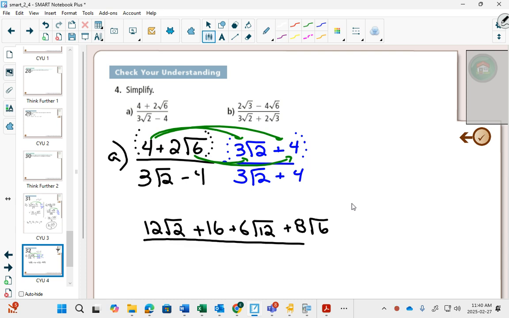That'll be the top. On the bottom, since it's a difference of squares, I can write it out as a difference of squares. It's the first one squared minus the second one squared.